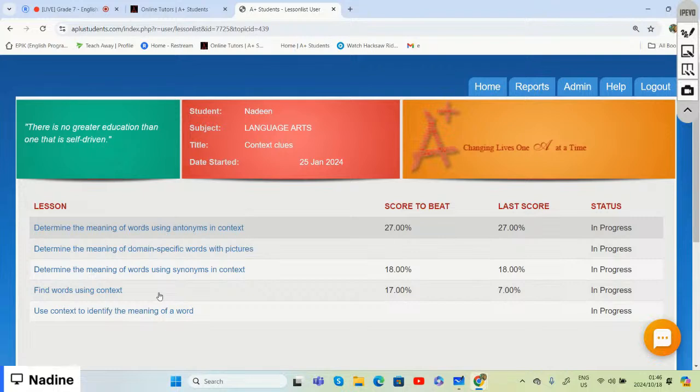If you're unfamiliar with the word, you can find the synonym or another word that will give you an idea of what the word or the sentence or the meaning is about. All right, so this is the end of our lesson on context clues.